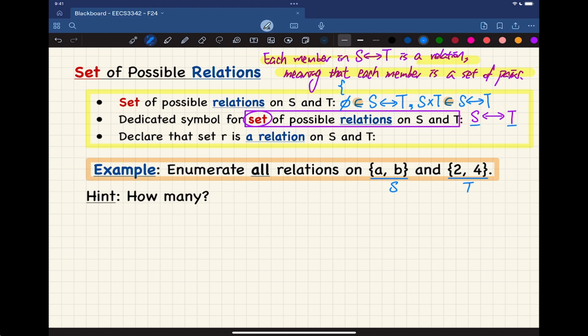I can say maybe A2. Agree? It's a singleton set. It's a relation containing only one ordered pair, which is completely fine. That one will be okay. All right? And so on. We're going to get to enumerating more systematically in just a moment.